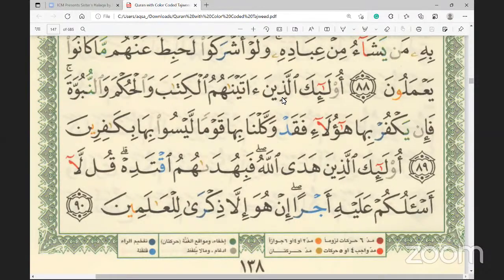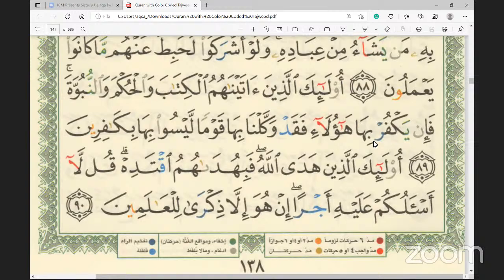Ula'ika alladhina ataynahum, you're jumping right there. Ataynahum al-kitab wa al-hukm wa an-nubuwwa. Take out the end sound. Fa in yakfur, notice that raw right there. They put it for you in dark blue because they want to take.